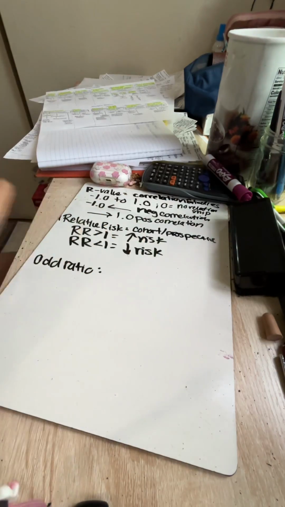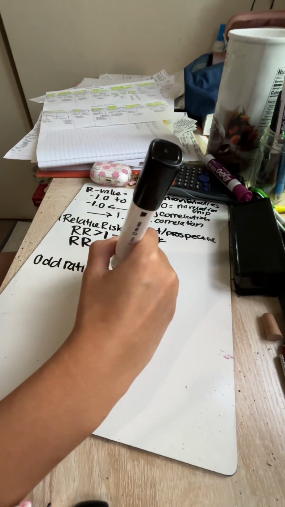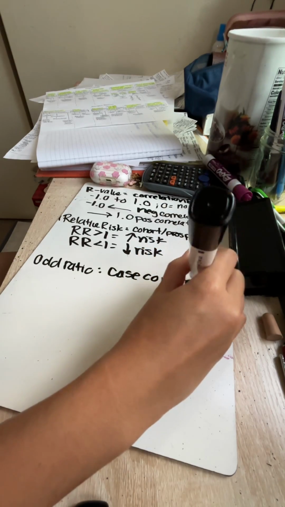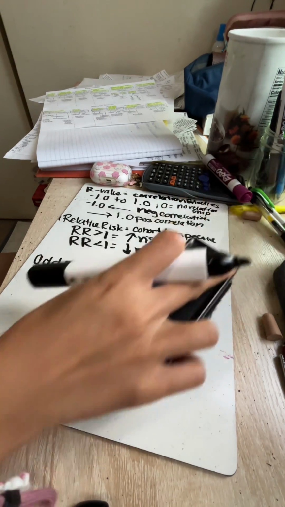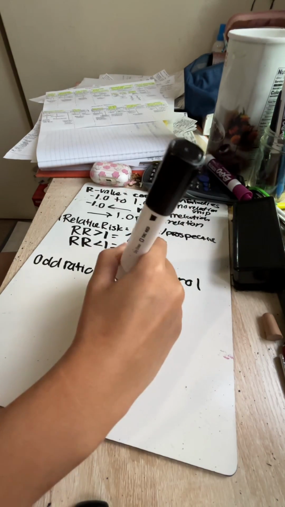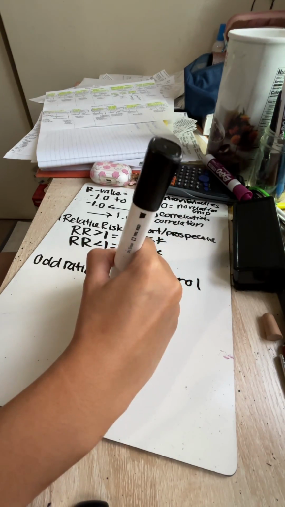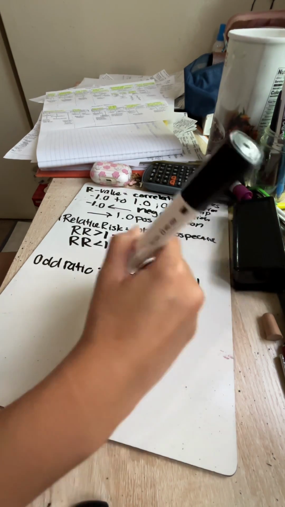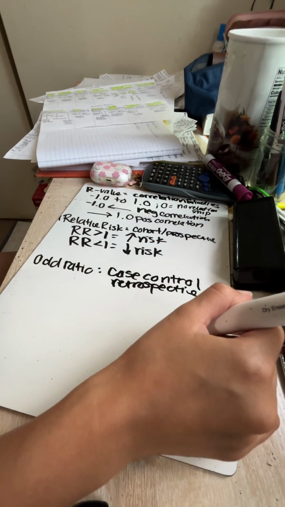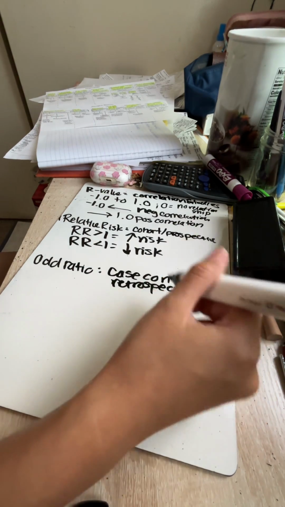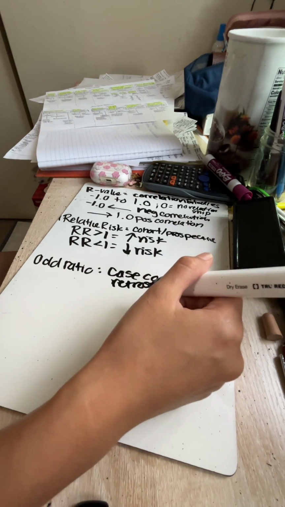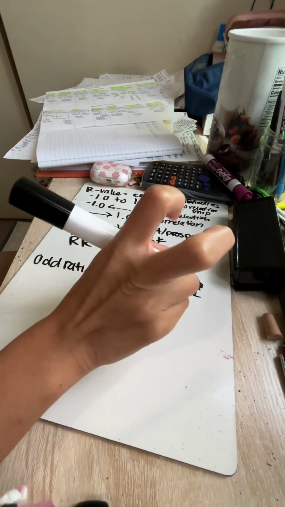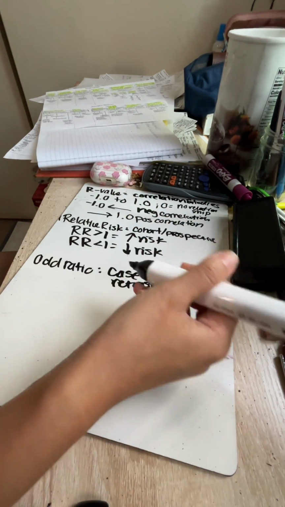And then we think about odds ratio, we think about case control, or retrospective studies. Within case control and retrospective, you compare the people with the disease, which is the case, and people without the disease, which is the control.